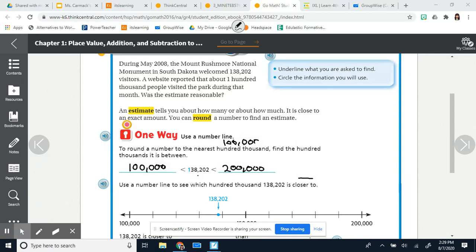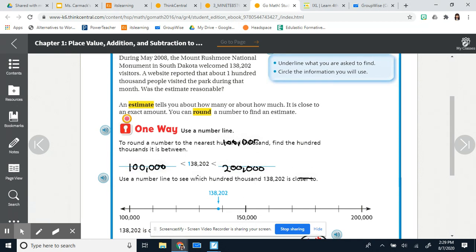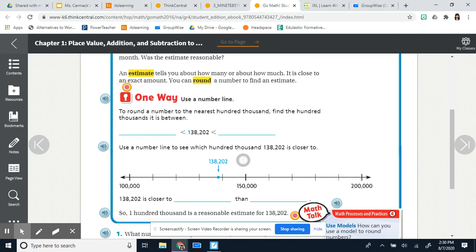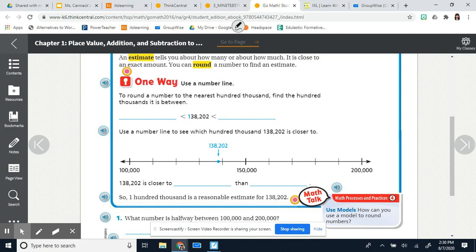So as you can see on the number line here, right below that, that's what they've done. And then they're showing you where 138,202 would fall on the number line. So we have 100,000 here. Here's 150,000, that's right down the middle. And then 200,000 on the right side.